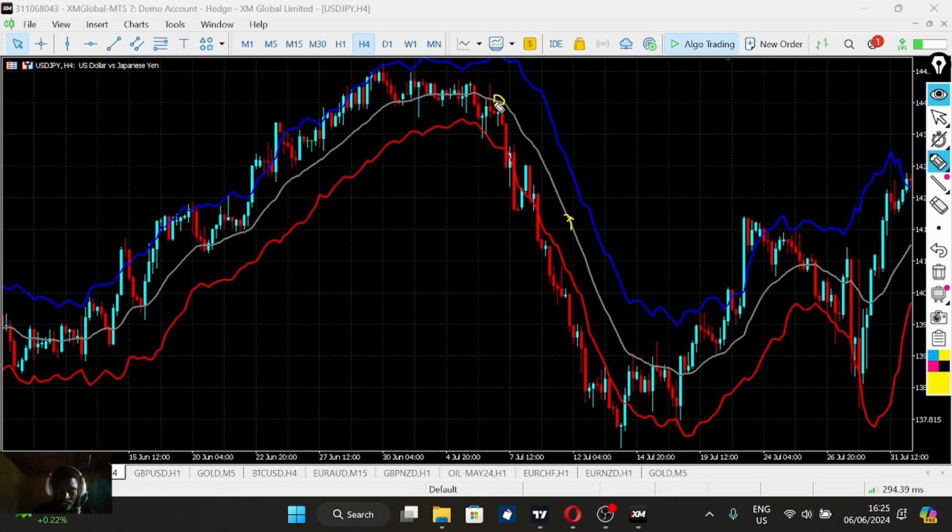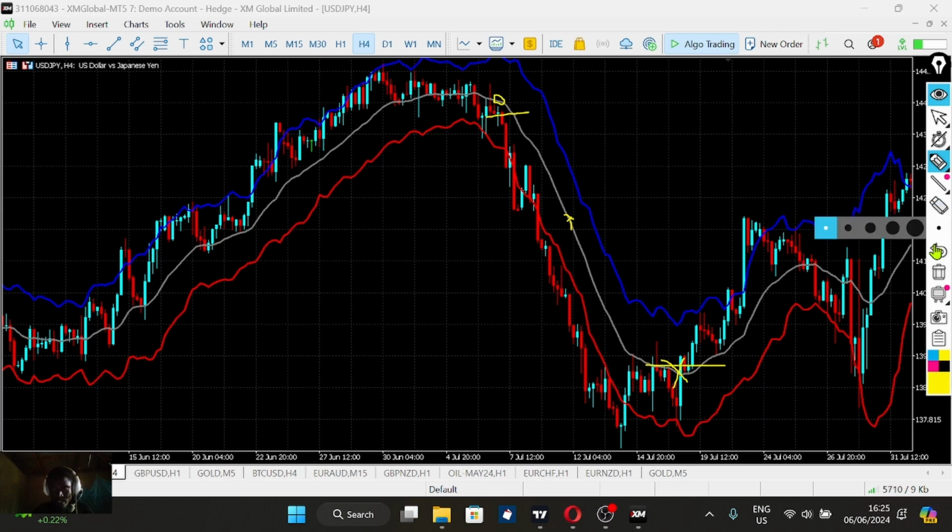This was a clear indication that the market was going down, and to exit the market we need to wait for the middle line to cross the candles. When the middle line crosses the candles, it's an indication of the end of a trend. So if we were to enter here, we would have exited here.